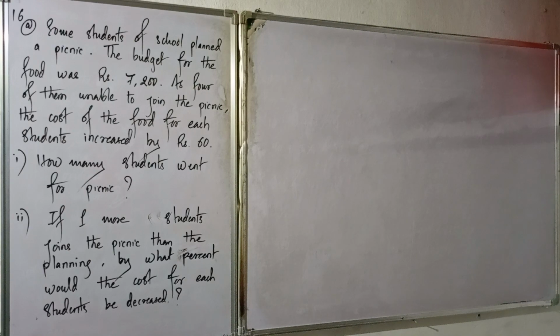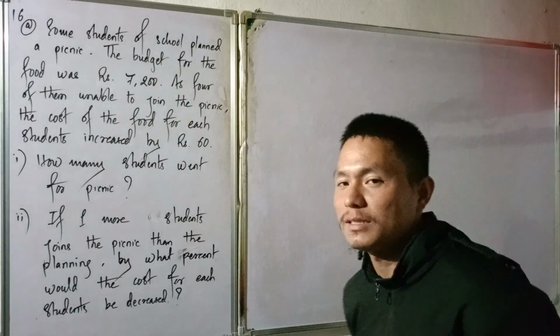Because of them being unable to join the picnic, the cost of the food for each student has been increased by rupees 60. So the thing doesn't go according to the plan; due to the absence of 4 students, the cost for the picnic per each student is increased by rupees 60.